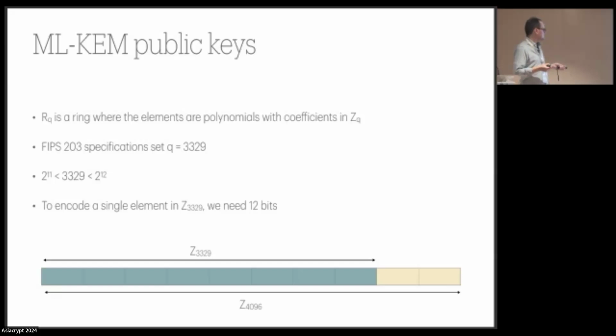For instance, this is the modulus used for ML-KEM, Kyber, and we see that we need 12 bits to encode one coefficient in Z_Q. But the actual space is slightly smaller. So it's really non-trivial, especially when you have many of these coefficients, how to actually build an ideal cipher for such public keys.